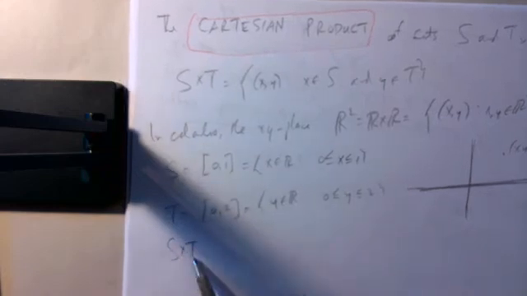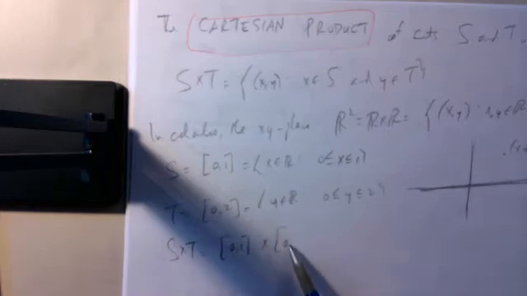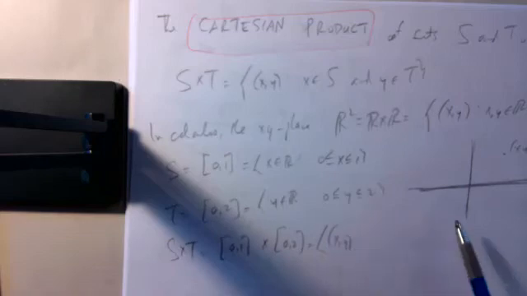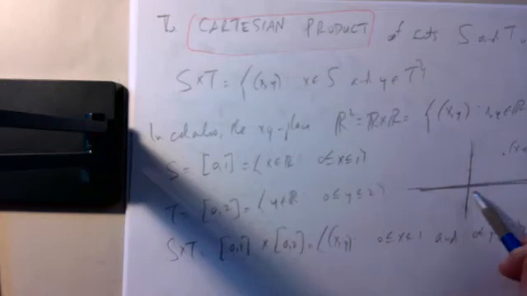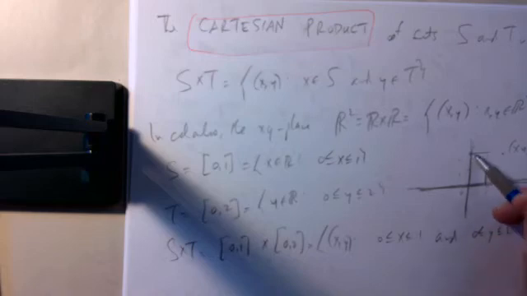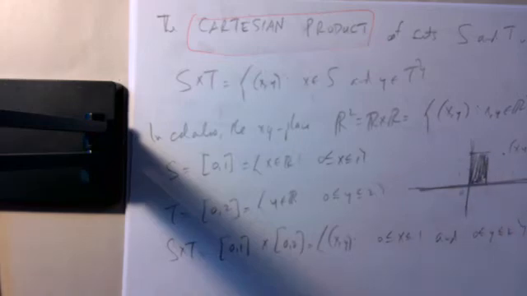Then the product S cross T, which is the set 0, 1 times the set 0, 2, that's all ordered pairs X and Y, where X is between 0 and 1, and Y is between 0 and 2. And if you draw a picture of it, it's this rectangle in the XY plane.